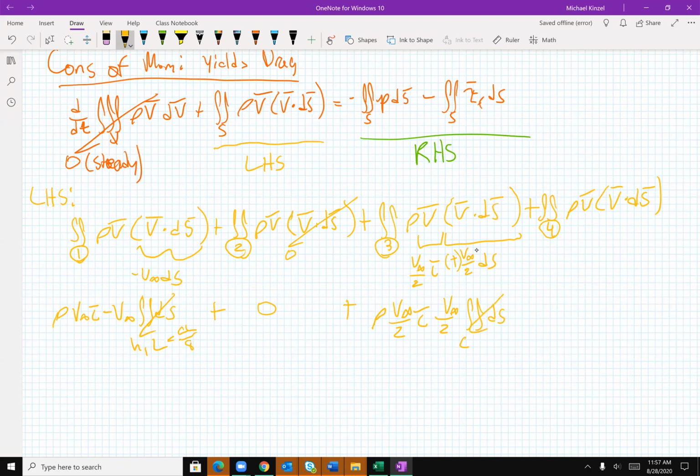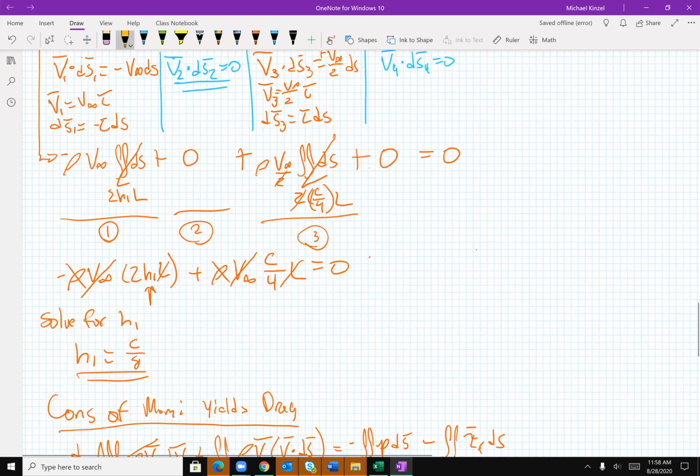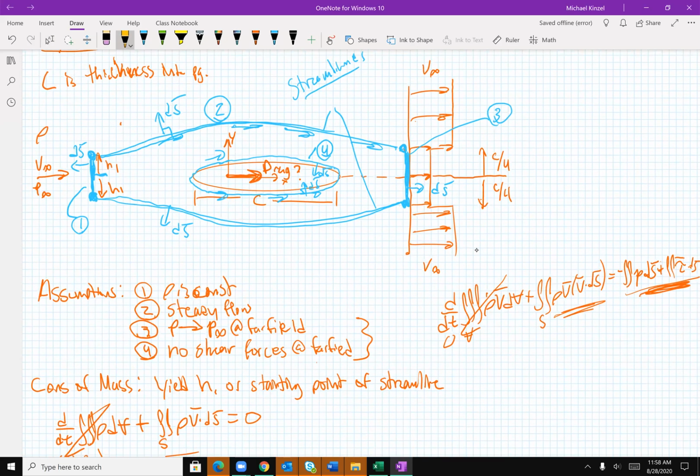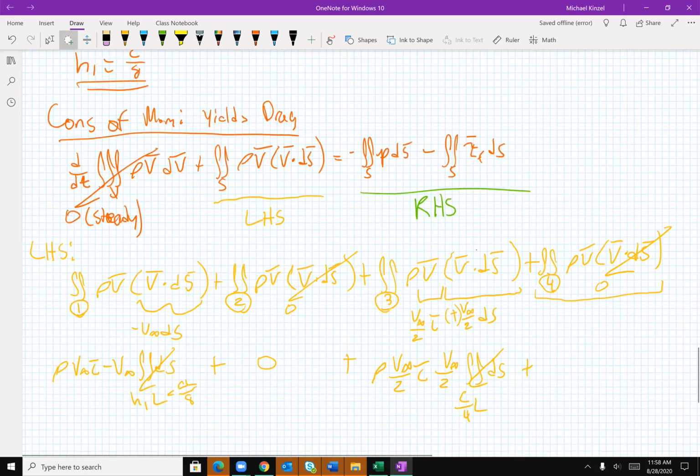This one's going to be C on 4 times L. This one equals 0 again, because this is the momentum flux through surface 4, and we cannot have velocity through it, so there's 0 flux.